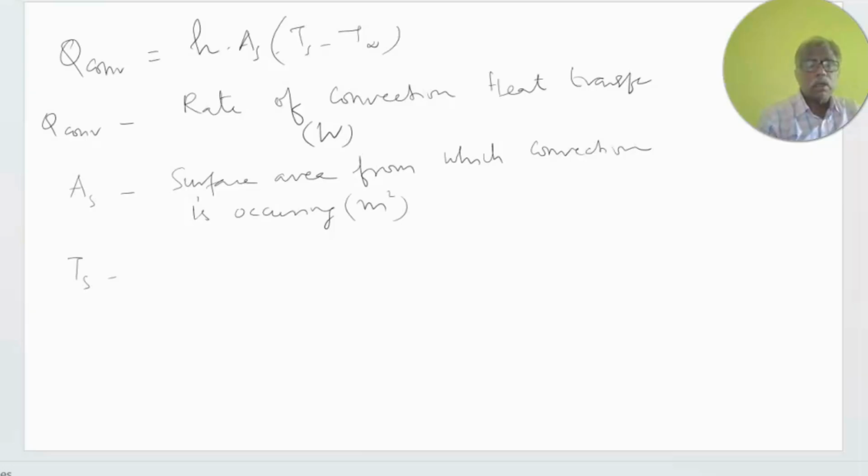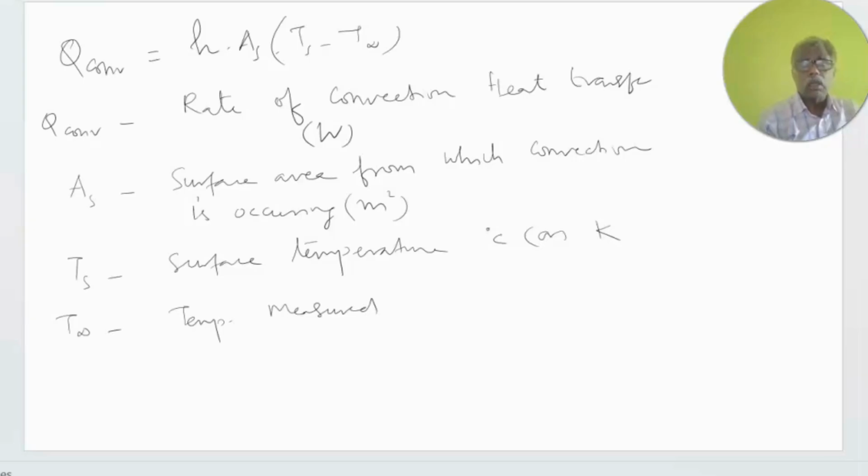And Ts, the surface temperature, can be in either degree C or Kelvin. And T infinity is the temperature of the surrounding fluid measured far away.